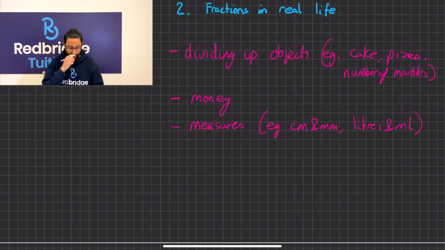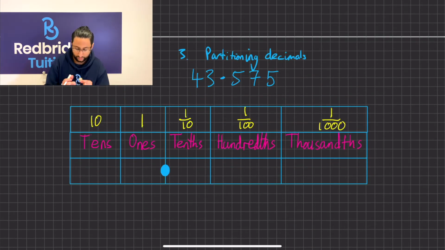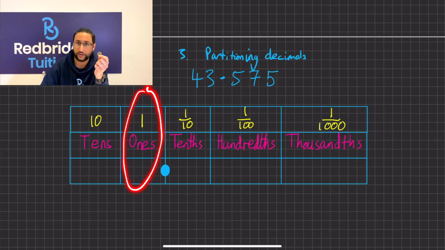Let's go back to money for a minute. So this obviously is £1. That's one whole pound. It's made up of pennies. It's made up of 100 of these. So in fact, this leads us quite nicely onto partitioning up decimals. This £1 is one whole. That will be in this column here, which you should have seen in the previous video.